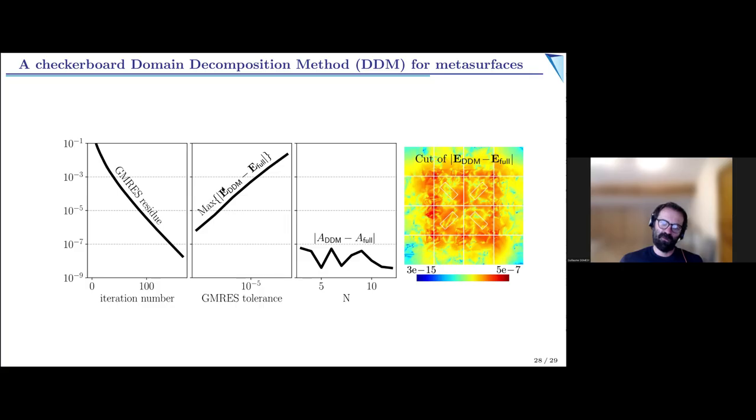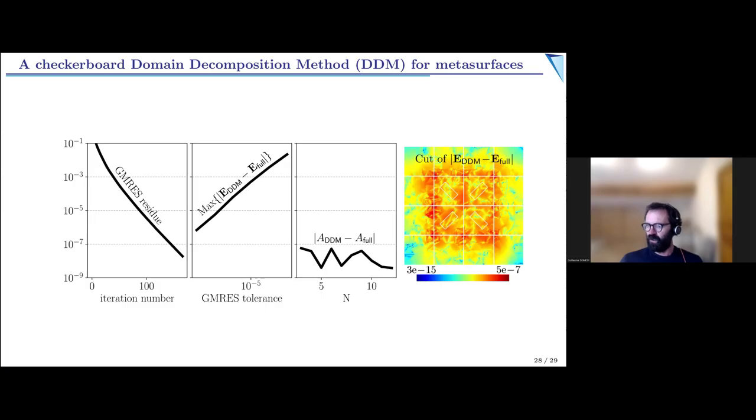The difference, the L2, the L infinity norm, yes, okay. The difference between the full model and the DDM model tends to zero when you decrease the GMRES tolerance of the solver when reconstructing the solution, and the absorption in the rod is very very good between the full model and the DDM model.